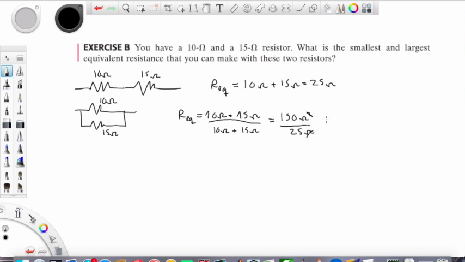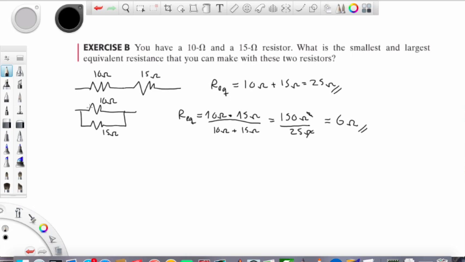So these cancel and we get 6 ohms. So the smallest one is 6 ohms and the largest is 25. As you can see, whenever we connect resistors in parallel, the total resistance is smaller than any one individual resistance.